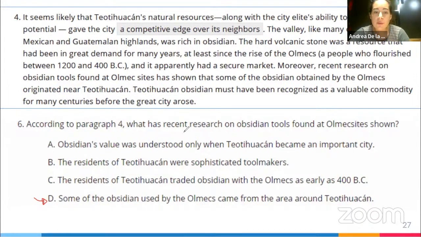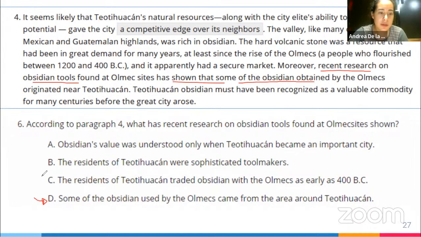In this case, they ask, what has recent research on obsidian tools found at Olmec sites? So we look for those keywords. Recent research on obsidian tools found at Olmec sites has shown that, directly to the answer, some of the obsidian obtained by the Olmecs originated near Teotihuacan.